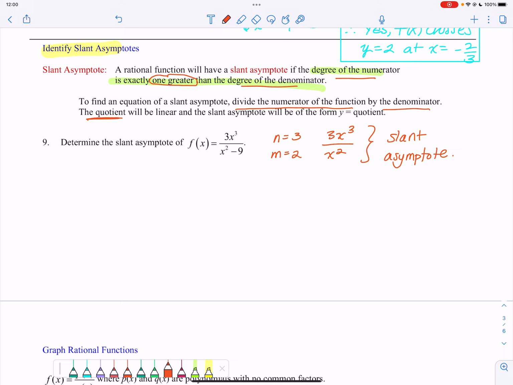How are we going to do this? We are going to divide the numerator by the denominator. And so we can have 3x cubed divided by x squared minus 9.